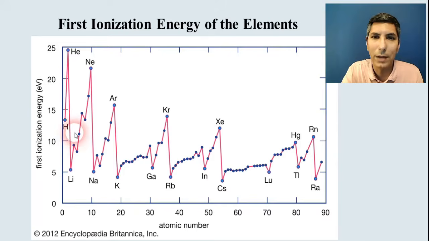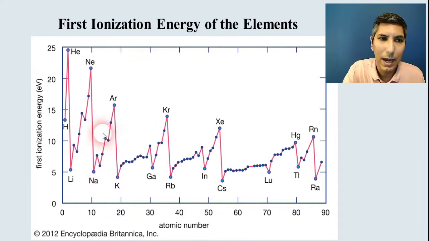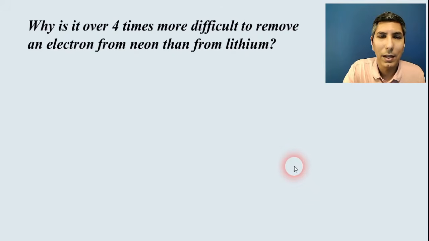And then as we go across the periodic table again, it slowly increases up to neon. And then when it starts the third period, it sinks way down again. And this is a pattern that just kind of keeps repeating itself. There are some anomalies here, as you can see, but for the most part, that's what's happening all the way across the periodic table.